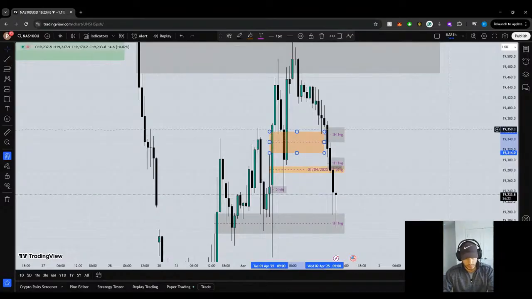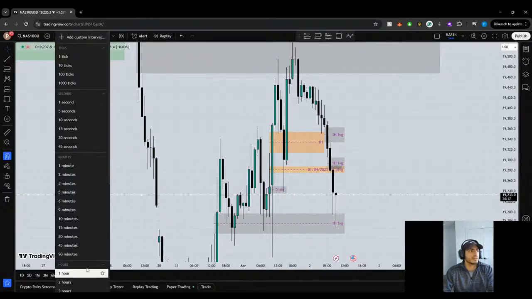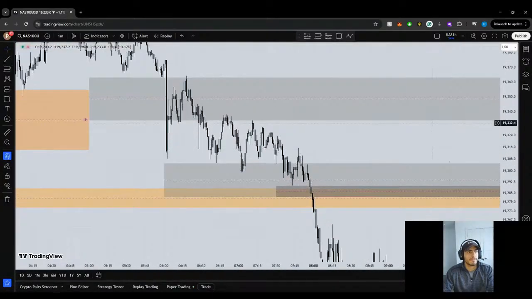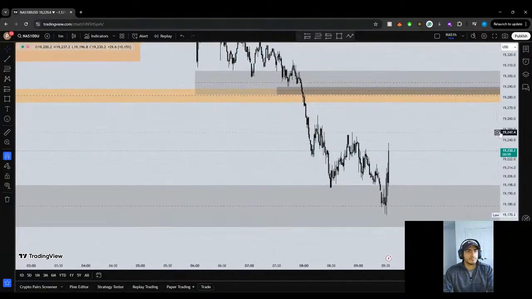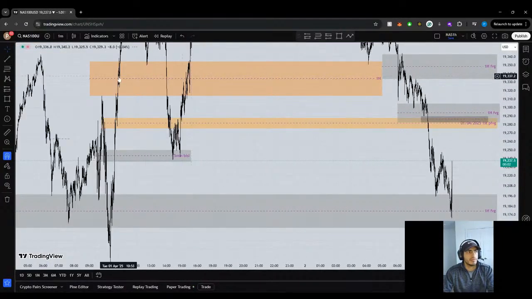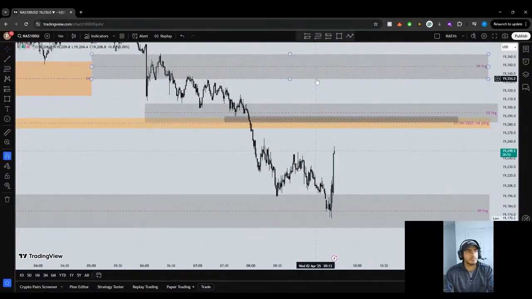Okay, let's go down again. So the midpoint of that inversion fair value gap would be the beginning of the last 1 hour SIBI. So that's the zone we're going to be looking for.